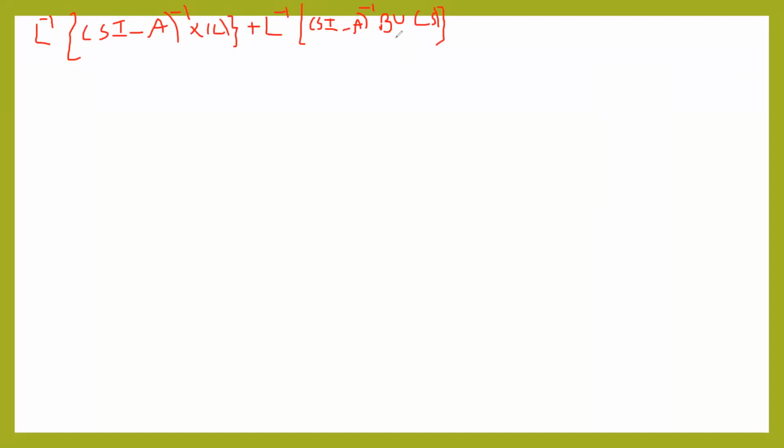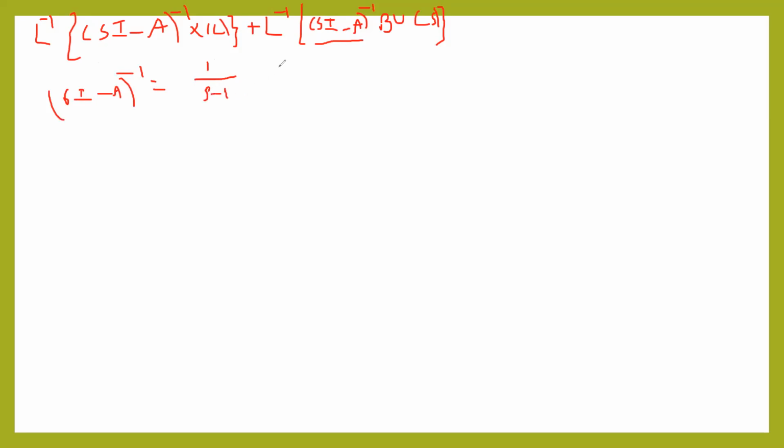Okay, so we have already computed (sI minus A) whole inverse. What did (sI minus A) whole inverse come to? It is equal to 1 by s minus 1.